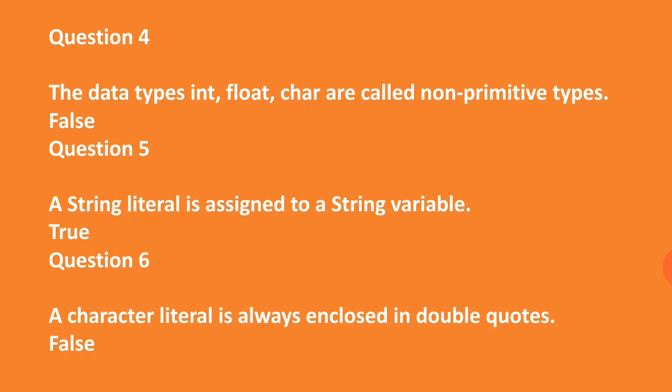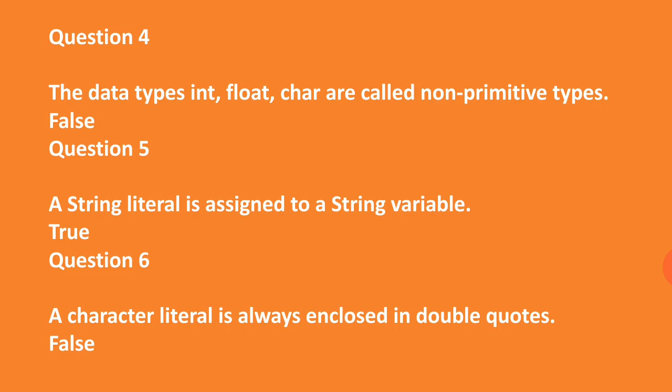Then one more thing I want to tell you: every primitive data type has a class associated with it, and that class is known as the wrapper class. So therefore int becomes Integer with a capital I, float has a capital F, then Character has a capital C. The rest of the letters will be small, but the first letter is capital because they all are classes.